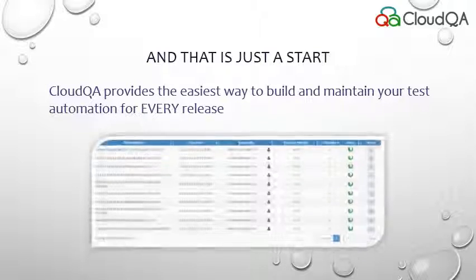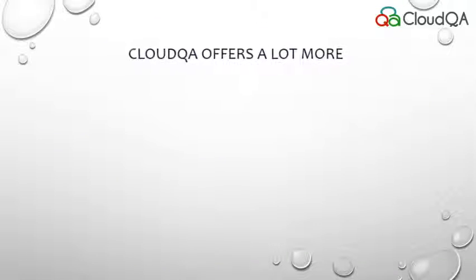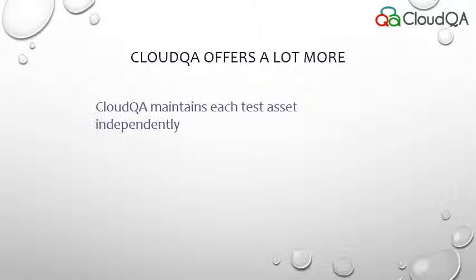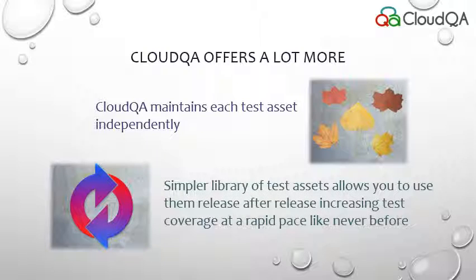CloudQA provides the easiest way to build and maintain your test automation for every release. CloudQA offers a lot more. It maintains each test asset independently. A simpler library of test assets allows you to use them release after release, increasing test coverage at a very fast pace.